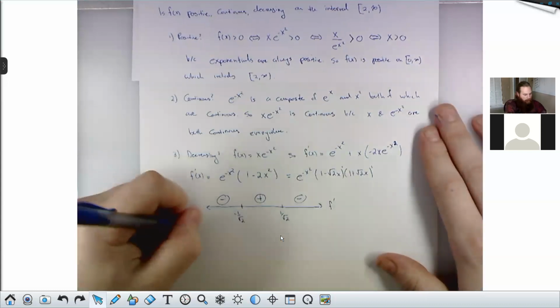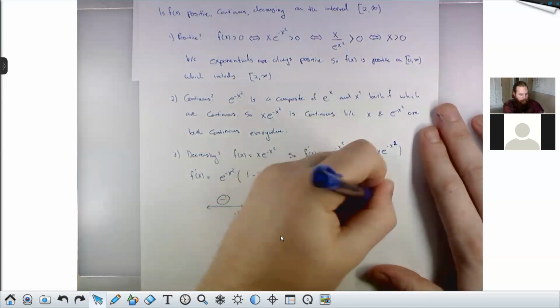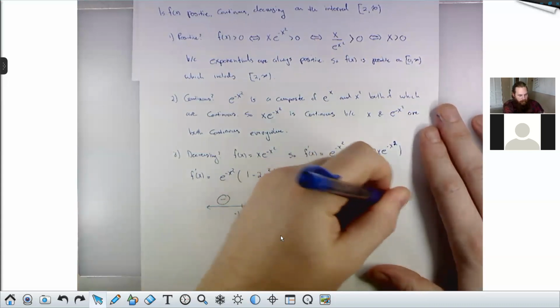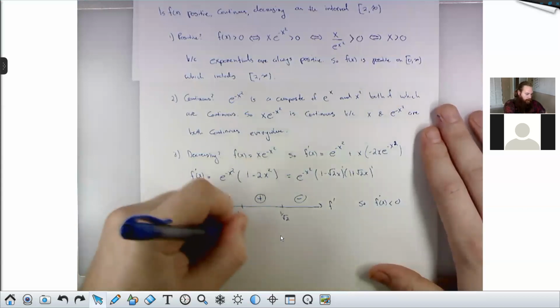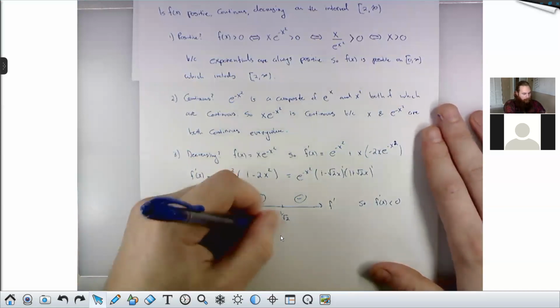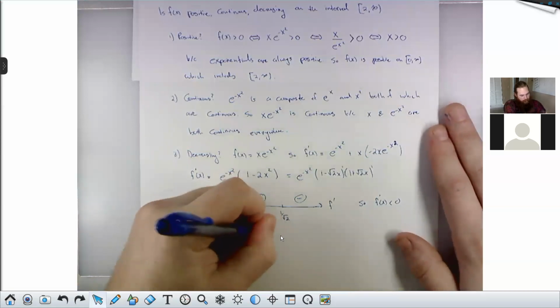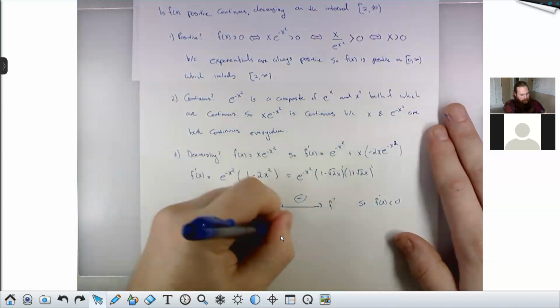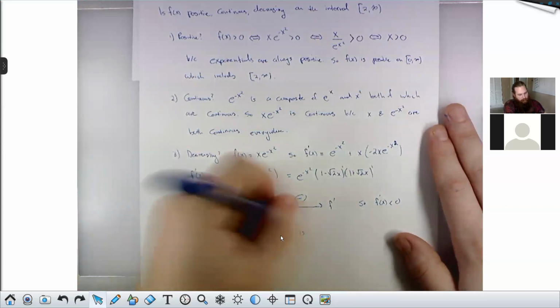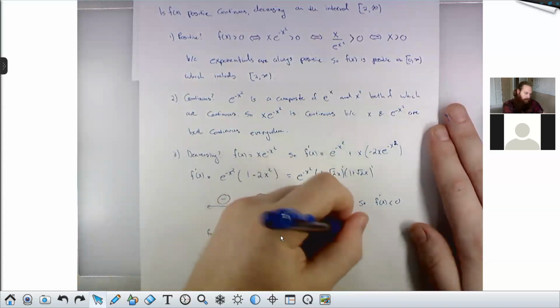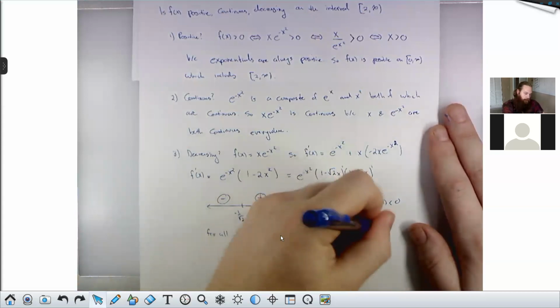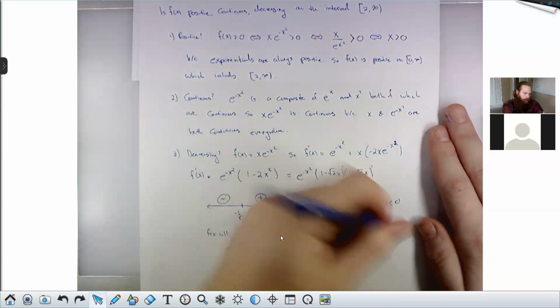So f prime is less than 0 for all x's bigger than 1 over the square root of 2. Therefore, f itself is decreasing for all x's bigger than 1 over root 2.